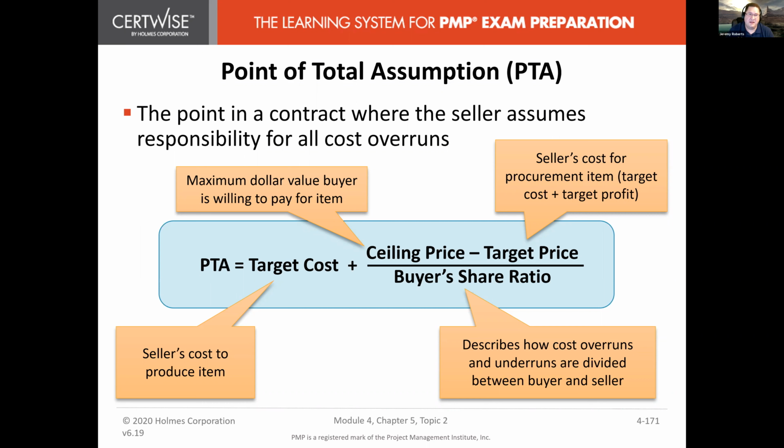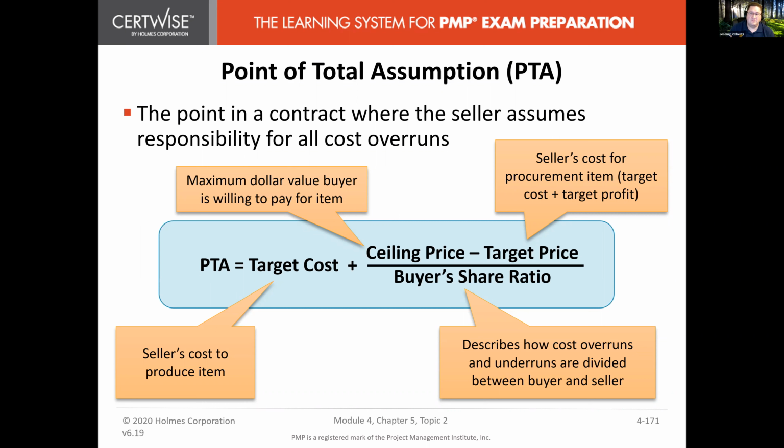So they're going to have their cost of what it costs them to make, and then they're going to have that target price of what they want to sell it for, right? So your ceiling price, that's what your buyer's maximum willing to pay. And then your buyer's share ratio. So if it's 50%, your buyer is willing to pay 50% of whatever their maximum price is, and the target price.